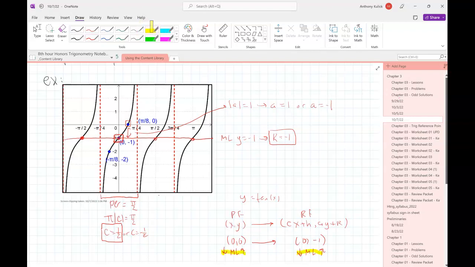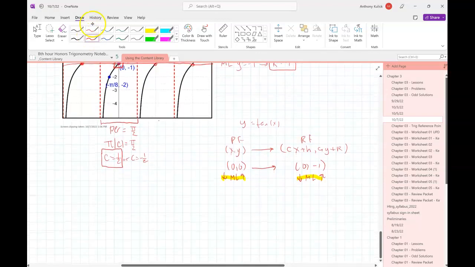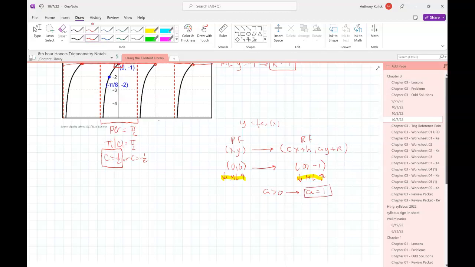Same kind of midline point tells me that the a value is positive. And then since the x coordinate on my parent function is 0, the x coordinate in my transformed function is just going to be my h. And I've got everything I need now.